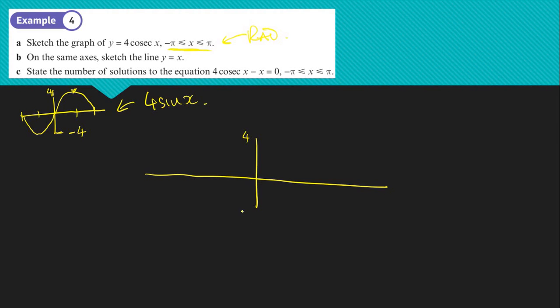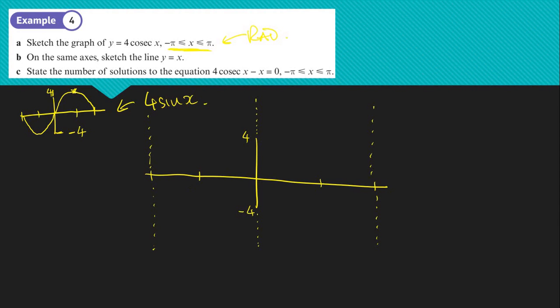Now, when this thing is 0, we're going to get a reciprocal here, and here we get a reciprocal there. So that's an asymptote, pardon me. You're going to get an asymptote at each of those values wherever sine of x was equal to 0.